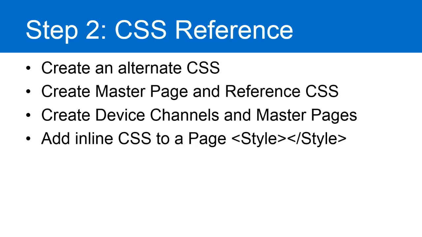You could also create a device channel in the Design Manager and have specific master pages for specific devices, which then ultimately point to certain style sheets. And the last very simple way is to just add inline CSS using style tags directly onto the page. Now that's page specific and you wouldn't really do that for large implementations.